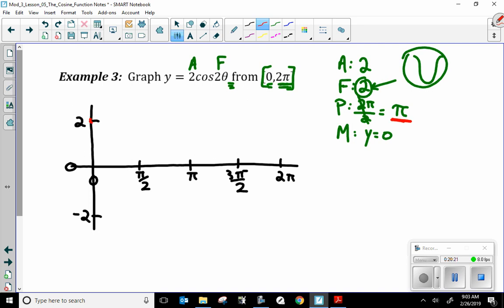So it starts up high and one cycle ends at pi up high. In between these two dots, at pi over 2, is down low. Exactly in between the ups and downs, right here and right here, is where I touch my midline, and I go like this.